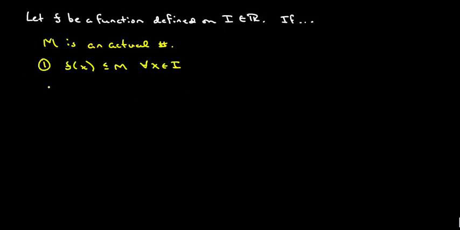I'll draw out a picture of that in a second. And two, if there exists some x naught that when we plug it into f, we get M out. So we'll say there exists at least one x naught in I such that this holds, then these two things together imply that M is a maximum value on I.